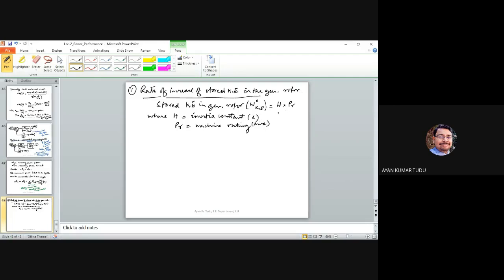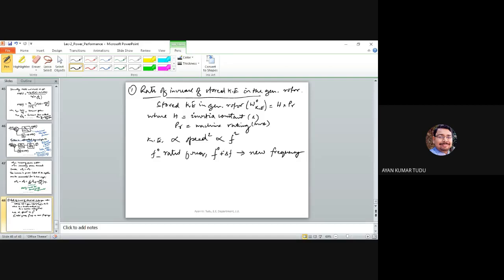Now we know that the kinetic energy is proportional to the speed, meaning half mv square. So kinetic energy is proportional to the speed square, and so it is proportional to the frequency square. If f naught is our rated frequency, then f naught plus delta f can be treated as our new frequency, where delta f is the change in frequency.